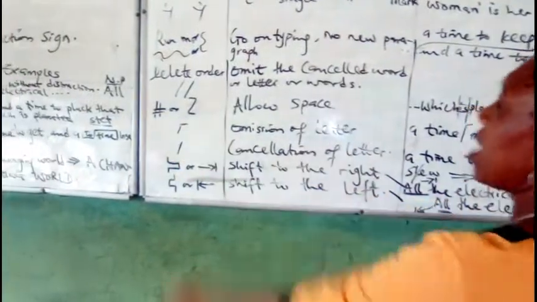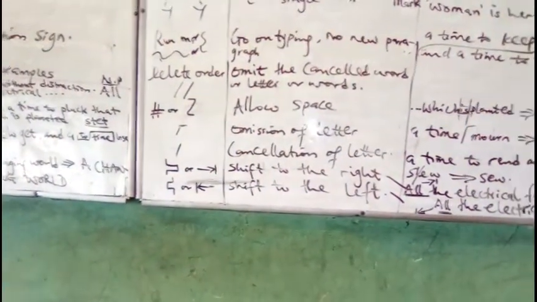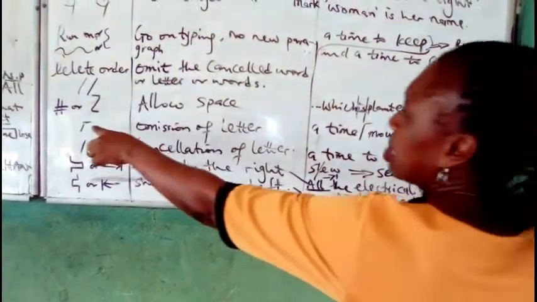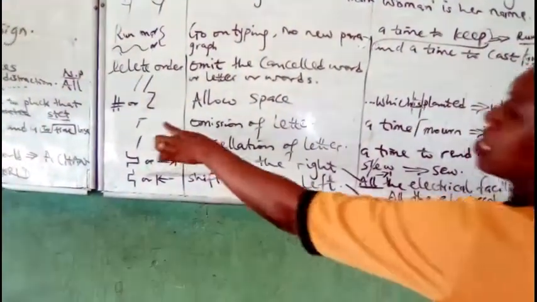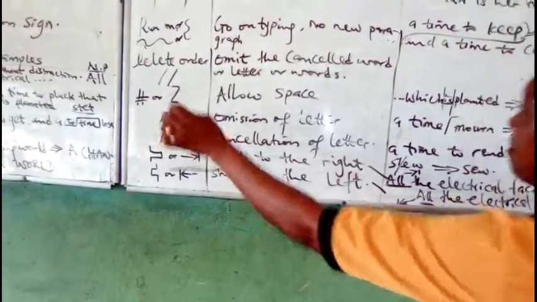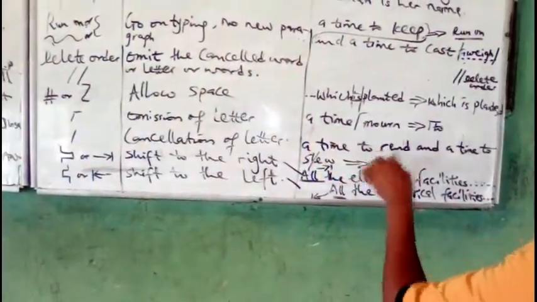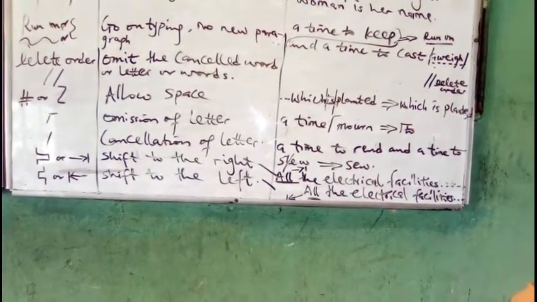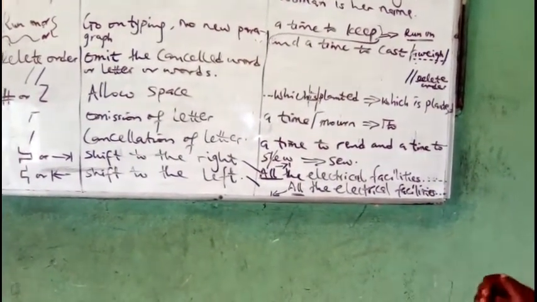Then here is omission of letter. There is something missing. What this sign is telling us is a letter is missing here, in a word. It's now left for you to think of that thing that is missing.